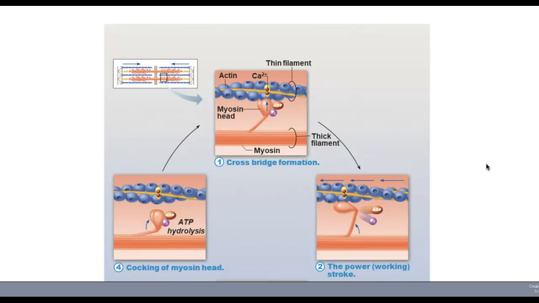We know that because the Z discs are drawn closer to each other and the H zone disappears, and that's some of the evidence that suggests that the thin filaments are being slid. So the cross-bridge cycle actually is the mechanism by which the thick filament does slide the thin filament during contraction. So let's take a look at it.